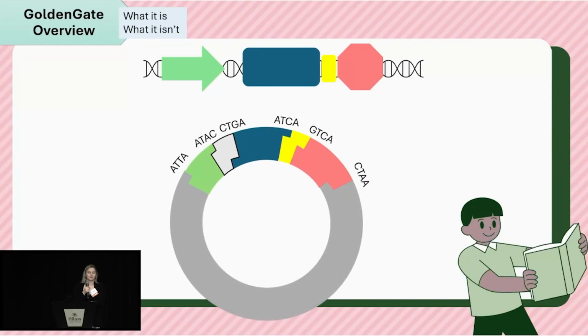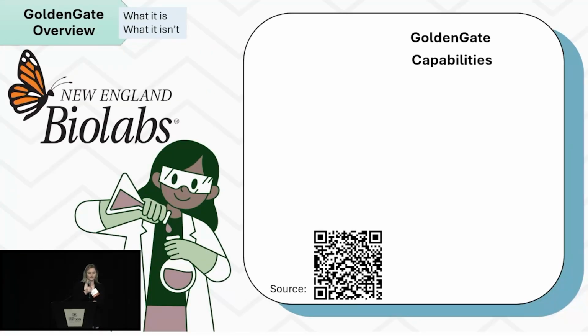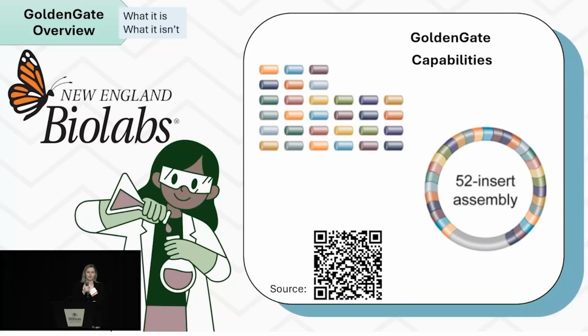And they'll also be able to ligate, importantly, to the backbone. And again, I mentioned that there are 256 possible overhangs, so there's a very high ceiling for how many inserts you can have. NEB on their website, the largest reaction that I could find was actually a 52 insert assembly. So if you're worried about those 9 or 8 inserts, don't.